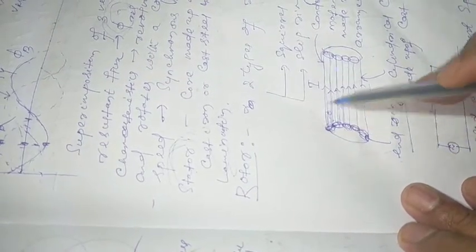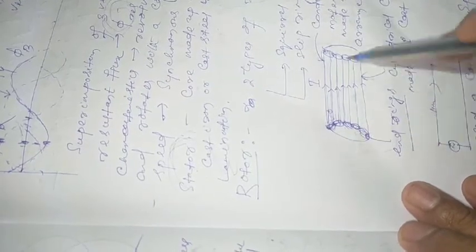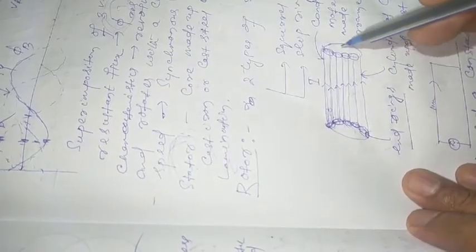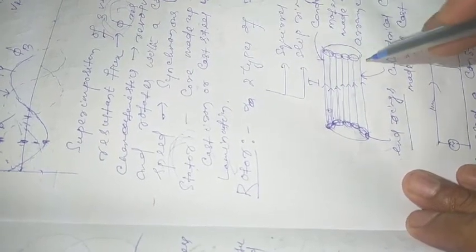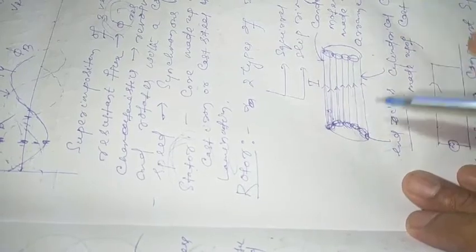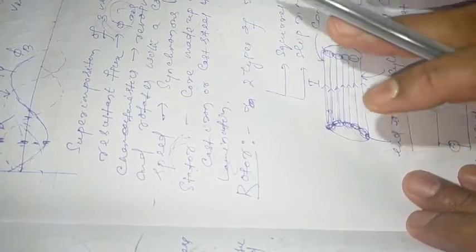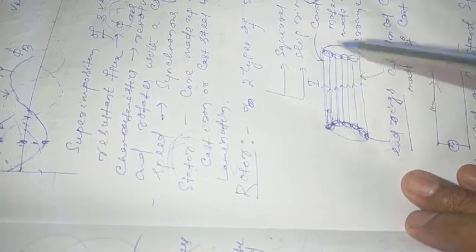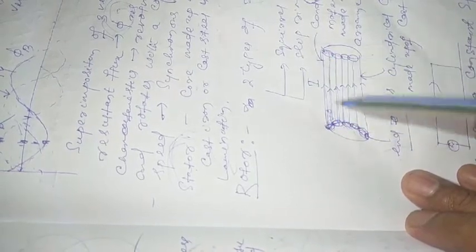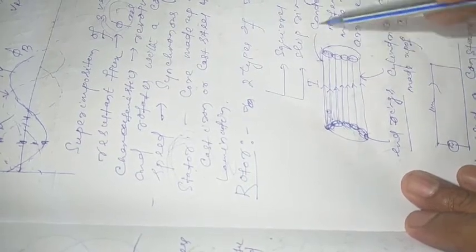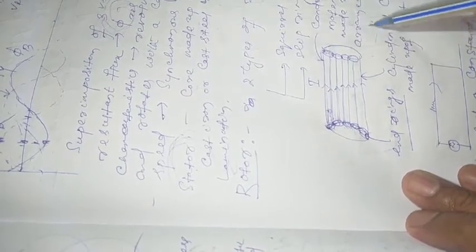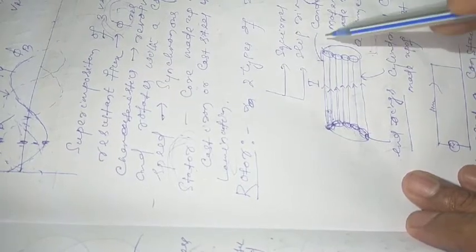Clear? Each bar will have some resistance. Once those bars are permanently short circuited at the end by the end rings, that resistance remains during operation. Why do we do this? Because in this one we cannot add any external resistance to the rotor circuit.